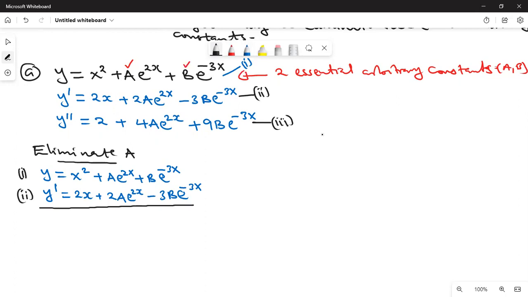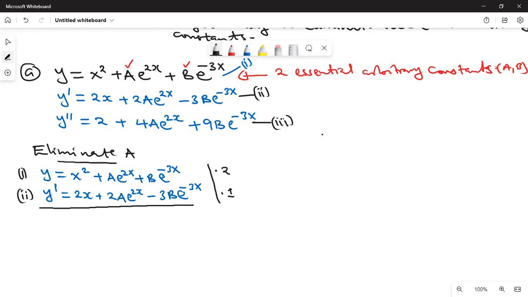The coefficient of a here is 2, and in the first equation, it is 1. So I'm going to multiply the first equation by 2 and the second equation by 1, so that we make the coefficient of a the same in each of those equations.